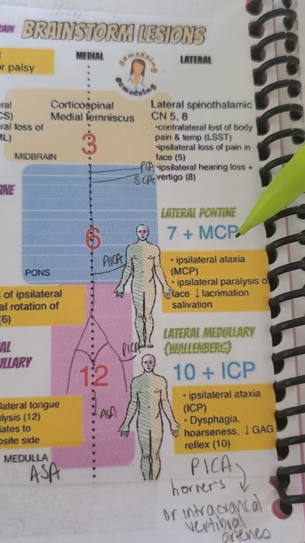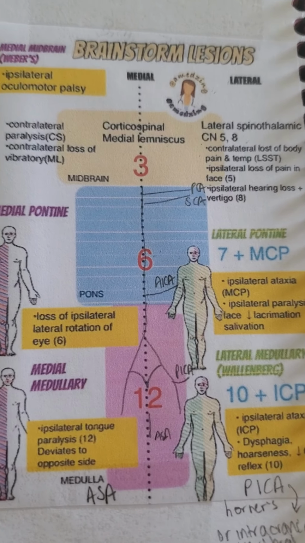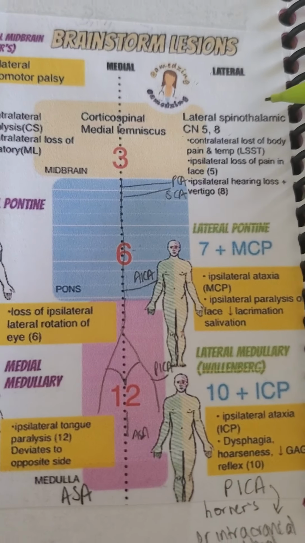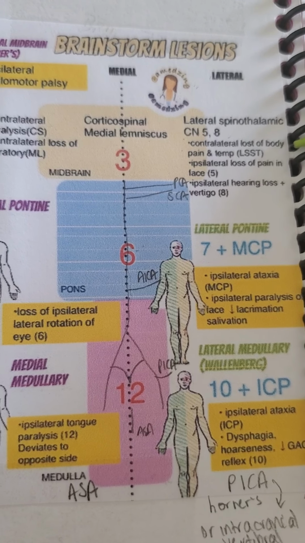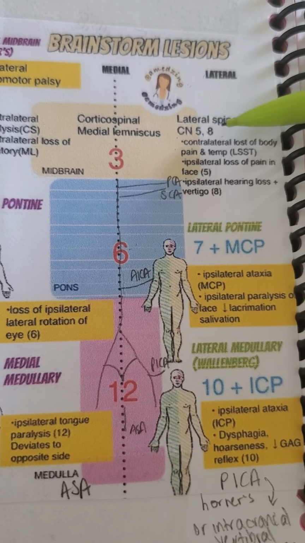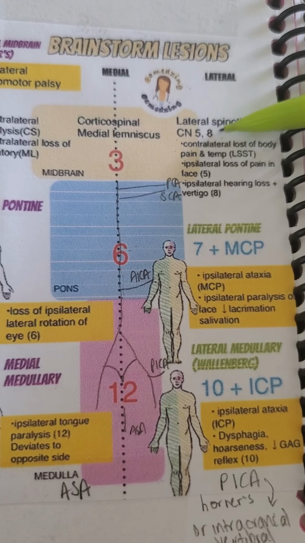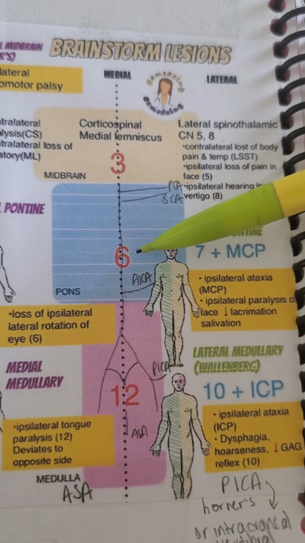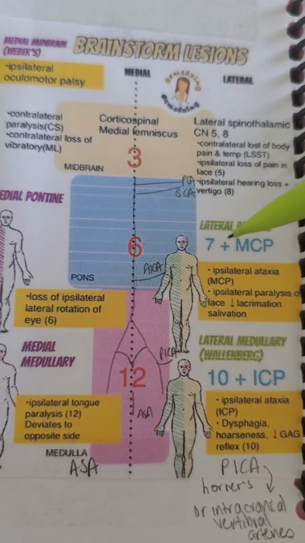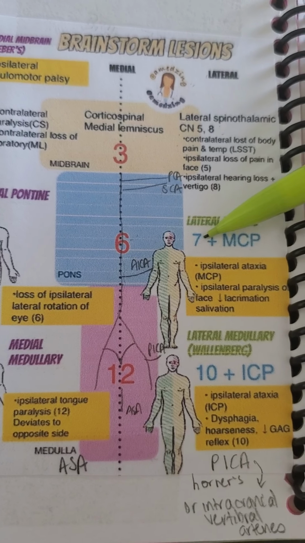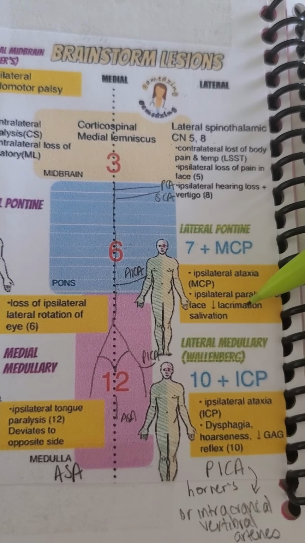Now, for lateral pons, if they said that the patient has contralateral loss of pain and temperature of the body, and then they have ipsilateral loss of pain and temperature of the face, and ipsilateral loss of hearing, but instead of having a cranial 6 lesion where they can't laterally rotate the eye, instead we have ipsilateral facial paralysis and decreased lacrimation and salivation.